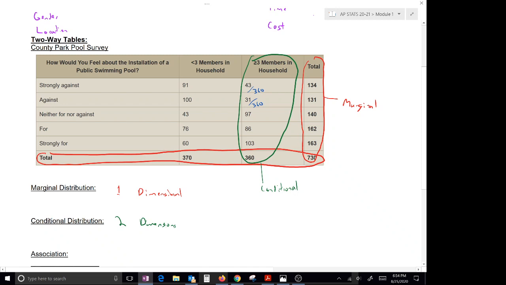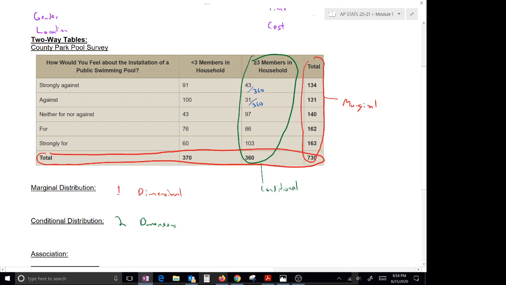But if we happened to test a lot more households with more than 3 members, for example 200 more, it would offset the totals here, and we really wouldn't get a good idea. We would expect more people in the total that had greater than 3 members and were against the public pool, simply because we tested more of them.